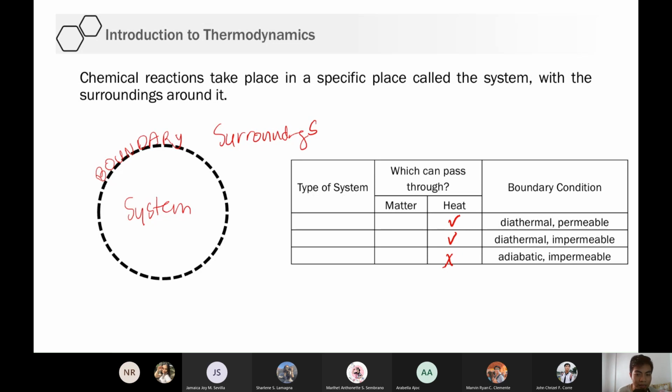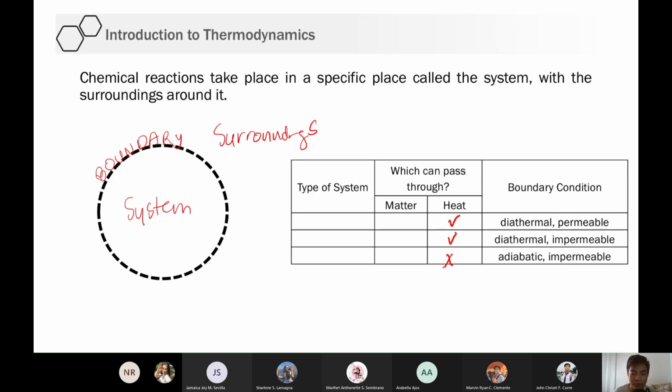Anong bagay sa bahay yung mainit sa loob pero pag hinawakan mo sa labas hindi mainit? Thermos po. Ayun, thermos. Sa thermos, maglagay ka ng sobrang init na tubig sa loob, kahit kumukulo yan, okay lang. Pero pag hinawakan mo sa labas, wala kang maramdaman na init, di ba? Because yung thermos is a good example of an adiabatic boundary.